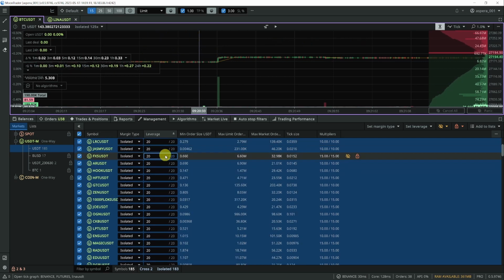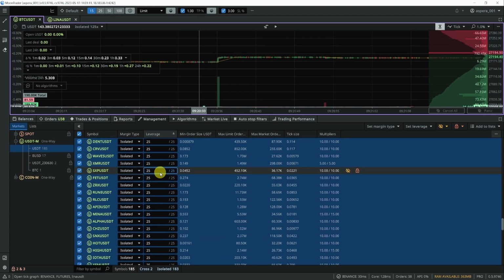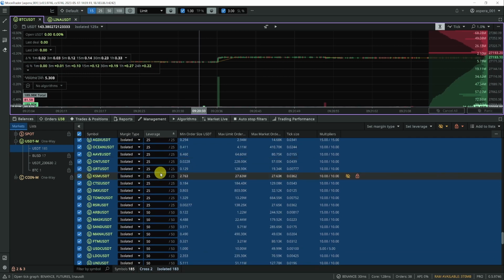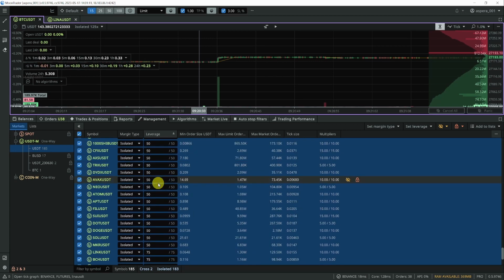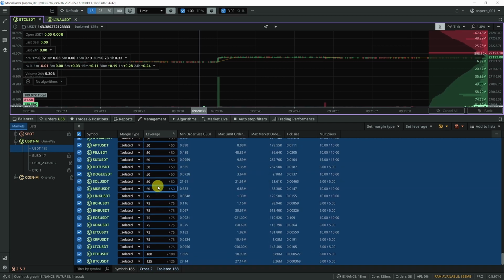Now, if you look at these mid-tier coins with 20 leverage and 25 leverage, these can go either way. So they are prone to volatility as well, but not as much as the 10 leveraged ones. And the 50 leverage is considered to be more or less stable.